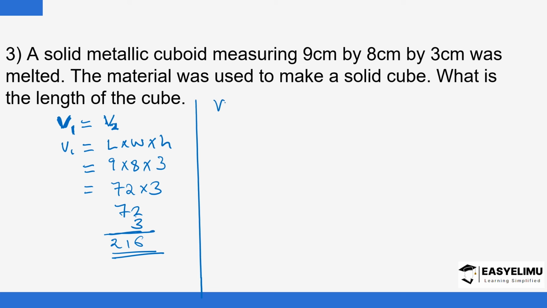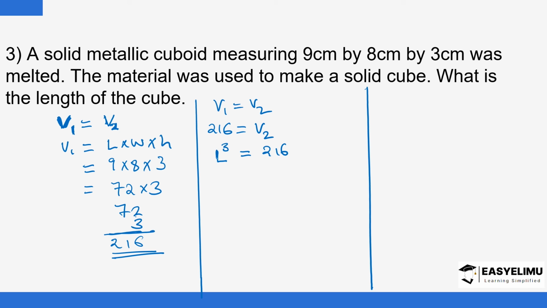So V1 should be equal to V2. So V1 is 216. This is equal to the volume 2, which is the volume of the cube. So the volume of a cube is given by L cubed, and this is 216, because we are trying to find the length of the cube.